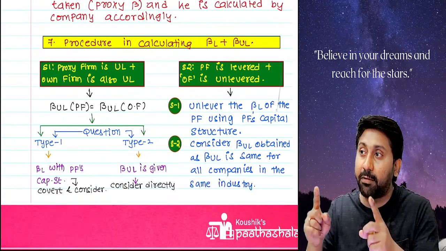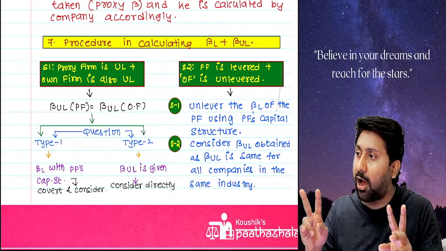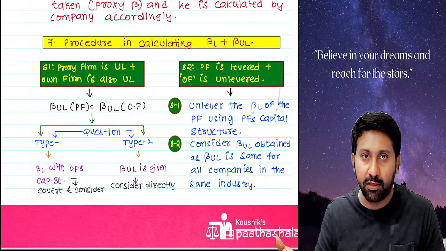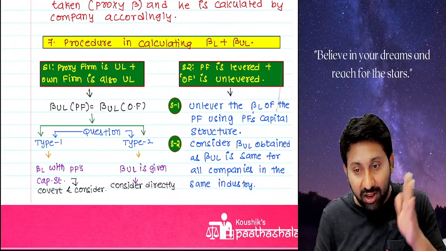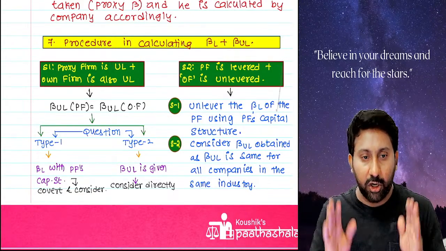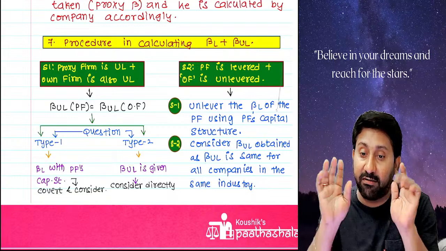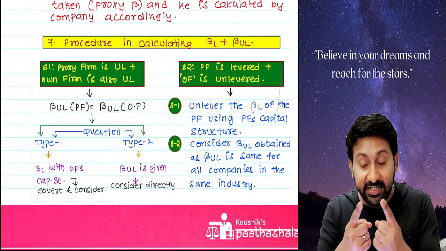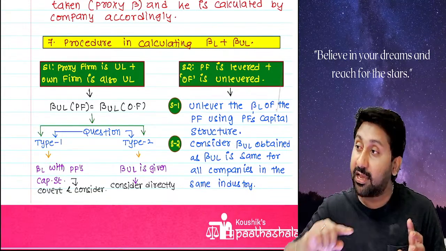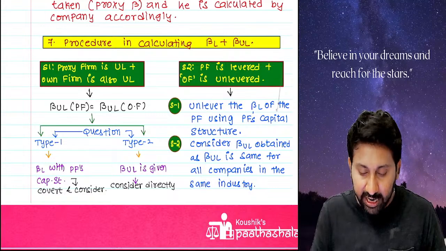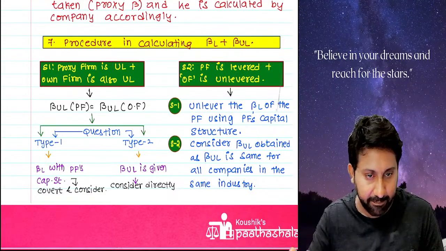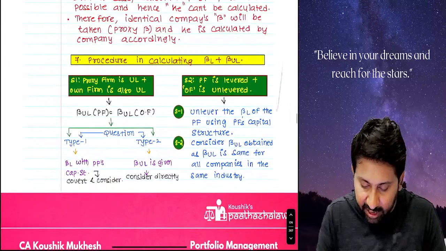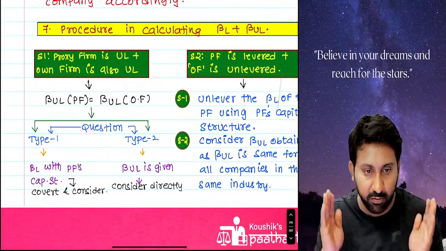When companies belong to the same category, operating risk will obviously be the same. The business model will have a risk. Any company in automobile will have a business risk. Business risk is common. What will change is finance risk, and anyway financing is not there. Your business risk and my business risk will be the same. So the unlevered beta and the beta of the own firm will also be the same.